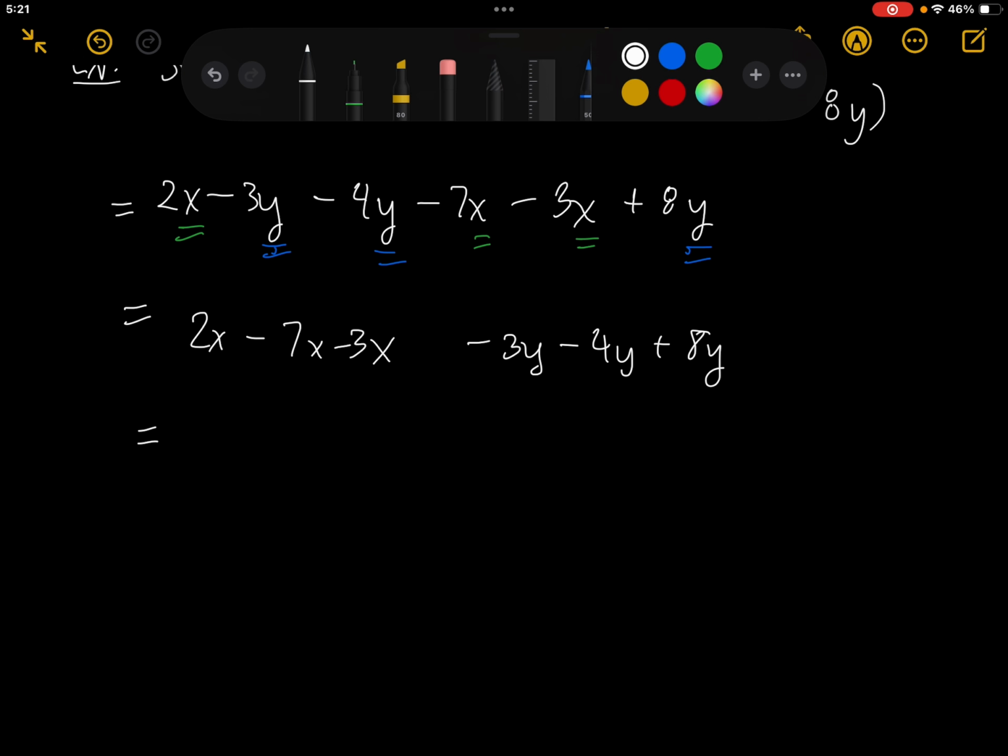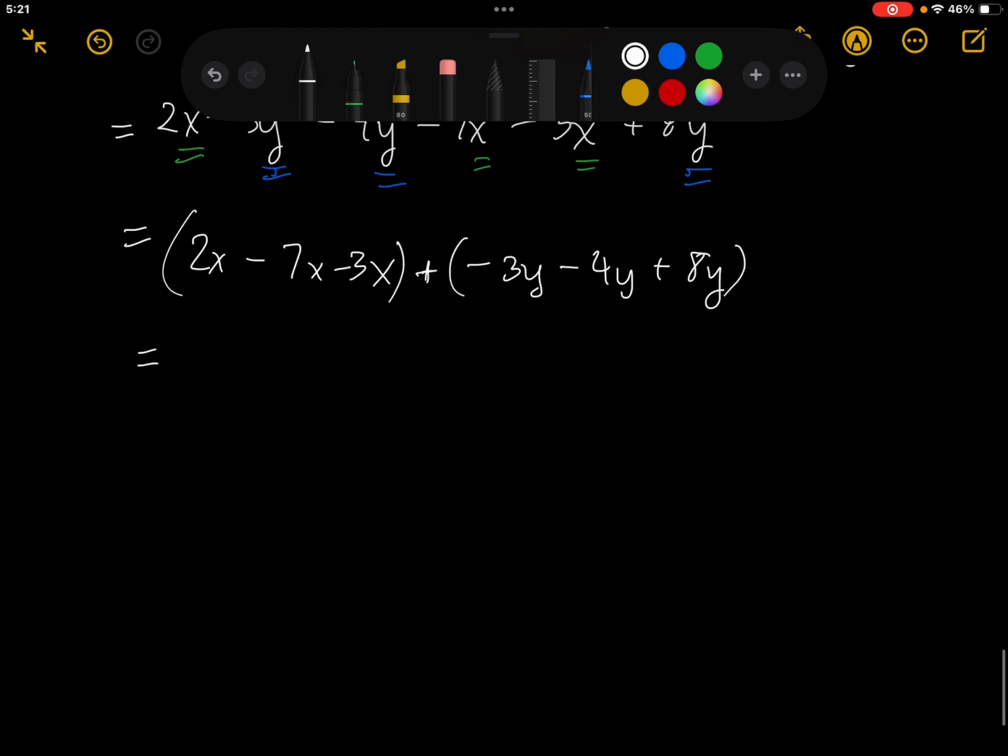So now I'm going to combine the x terms and then combine the y terms. 2x minus 7x minus 3x is, well, 2 minus 7 minus 3 is negative 8, so negative 8x. And then negative 3 minus 4 plus 8 is 1, so I have a plus 1y. So it's negative 8x plus y.